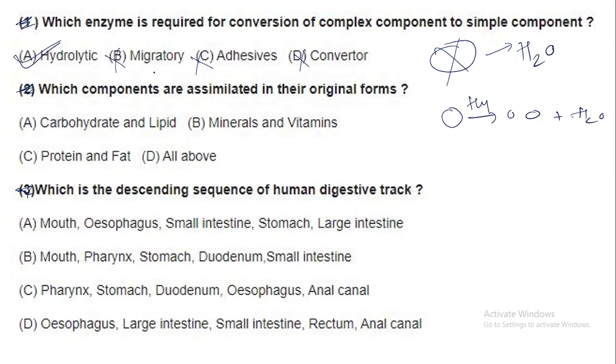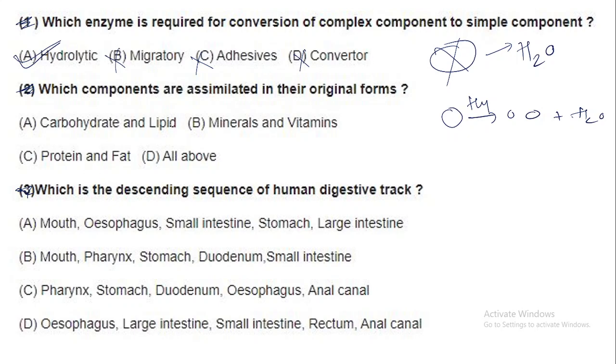Okay, next, which components are assimilated in their original forms? Okay, so you consume carbohydrate. Do you think it's going to remain as a carbohydrate? You consume minerals and vitamins. Do you think they're going to be further broken down? Same with proteins and fats.